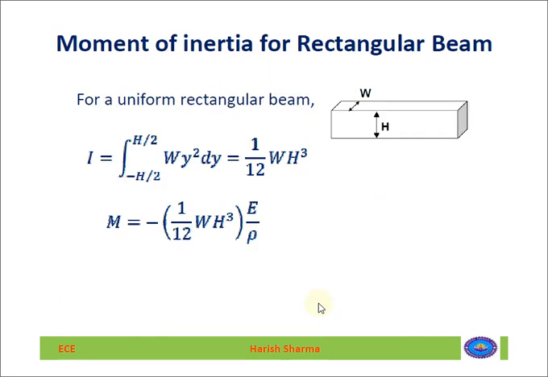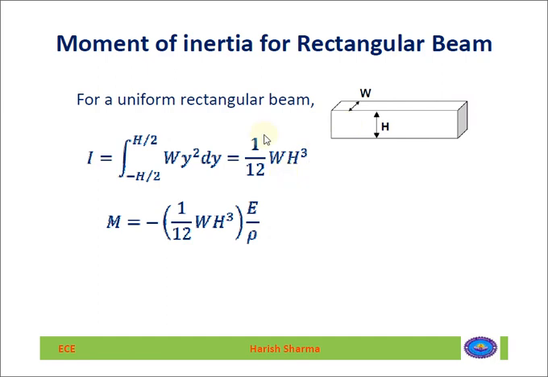For this rectangular beam, dA is the cross-section area. Since the width is fixed, only the height changes, so we can write y square into w dy instead of dA, and the limits are from minus h by 2 to plus h by 2, because at the neutral axis y is 0.